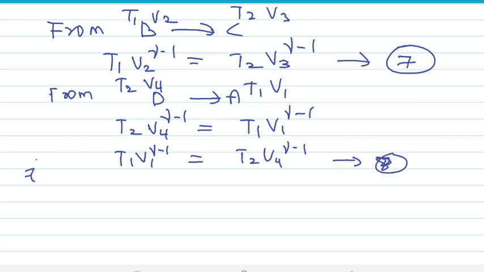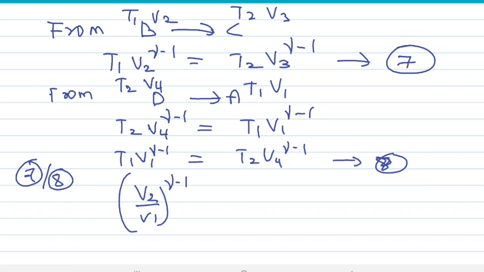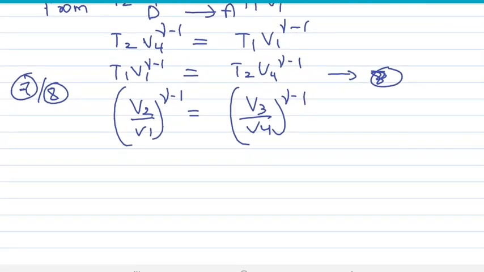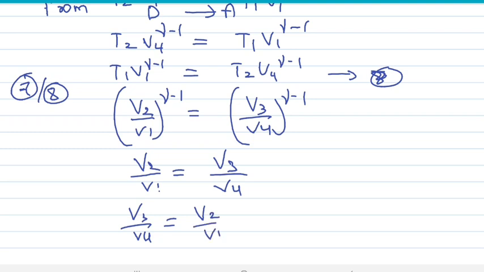Now dividing equation 7 by equation 8, T1 will be cancelled, T2 will be cancelled. I get (V2 by V1) whole power gamma minus 1 is equal to (V3 by V4) whole power gamma minus 1. From this I can write V2 by V1 is equal to V3 by V4.